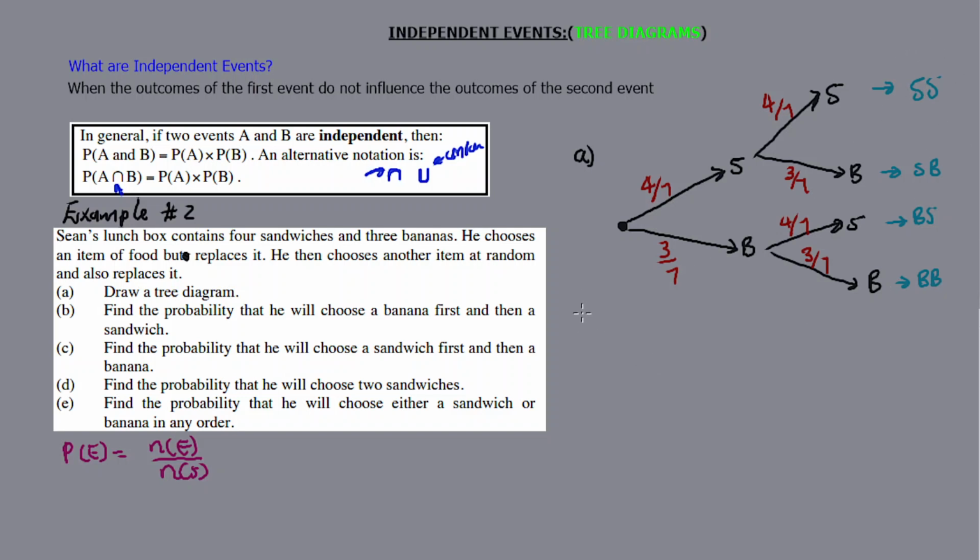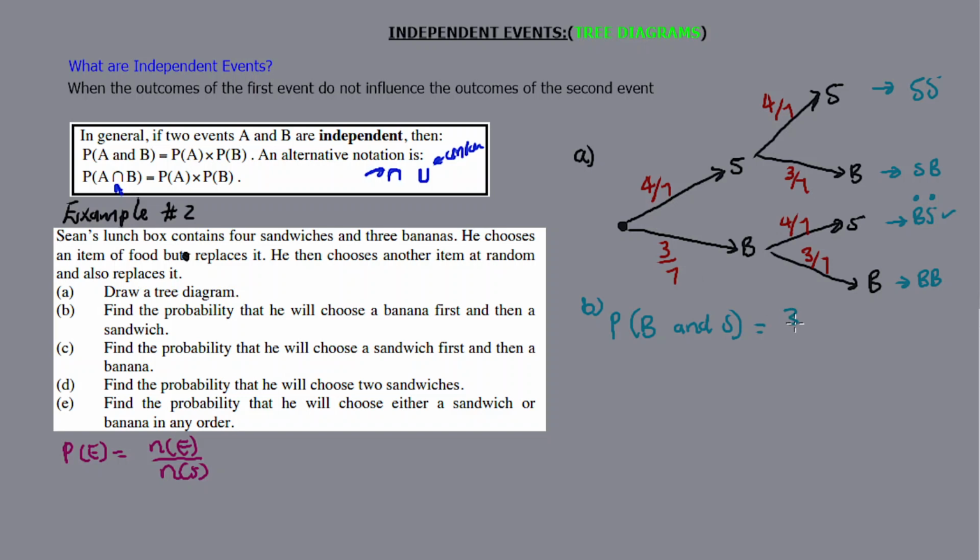B, find the probability that he will choose a banana first and then a sandwich. Banana first, then sandwich. It's this branch. So you want the probability of choosing a banana first and then a sandwich.